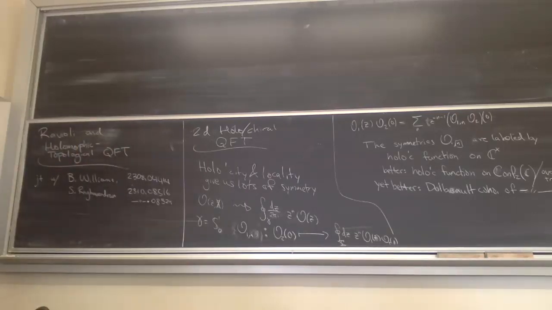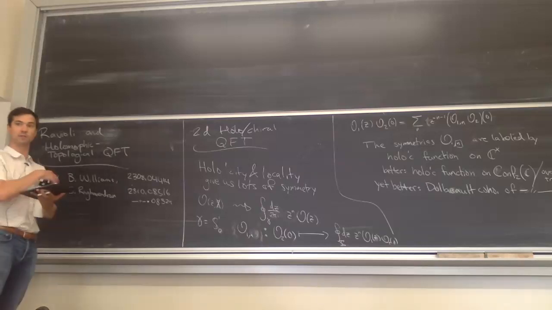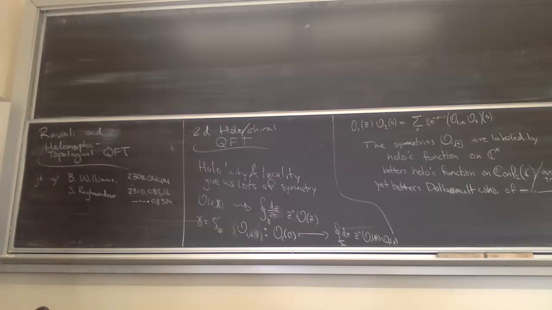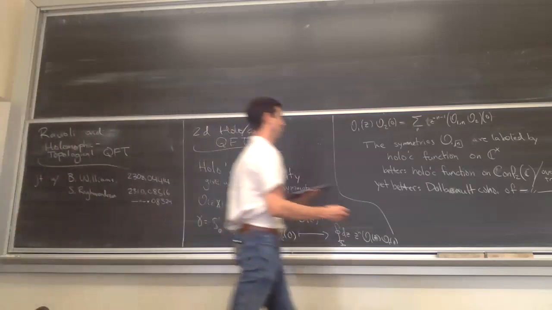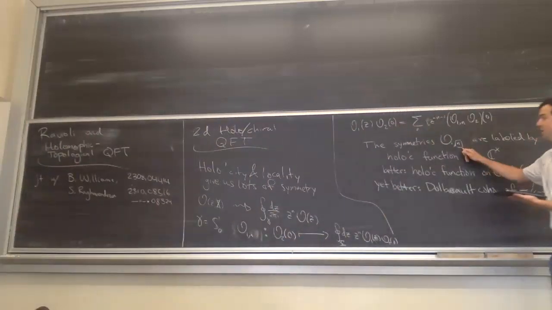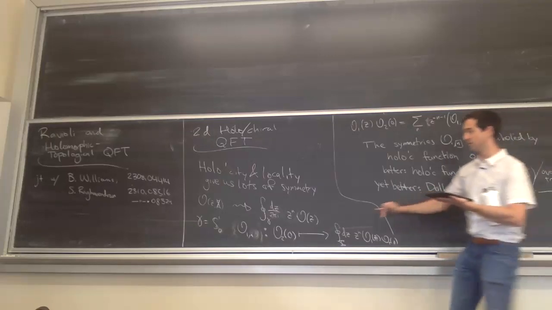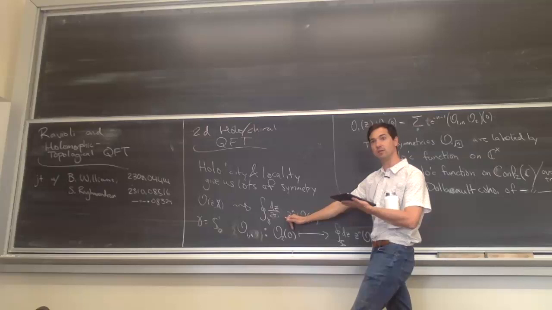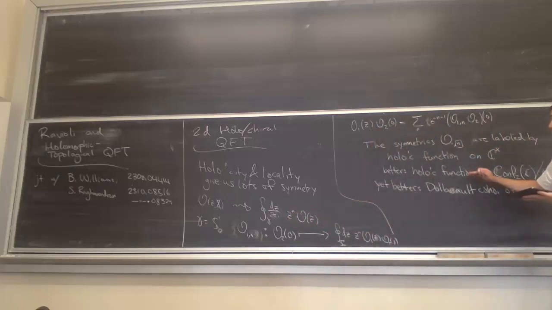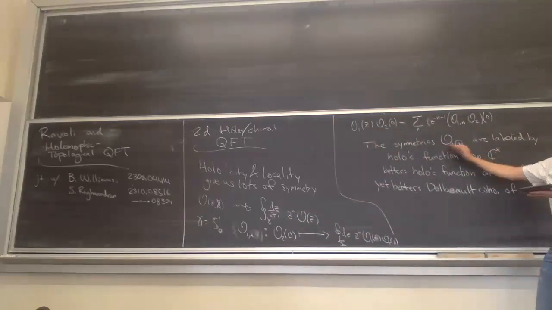Yeah. When you say the symmetries of O1 are labeled like algebraic functions? Yeah. So what I really mean is this n is an integer, and rather than thinking of it as an integer, you should really think of it as a holomorphic function on C star. This is the kernel you put into the integrations. And so you could just say, okay, for every local operator and every integer, I have these symmetries.